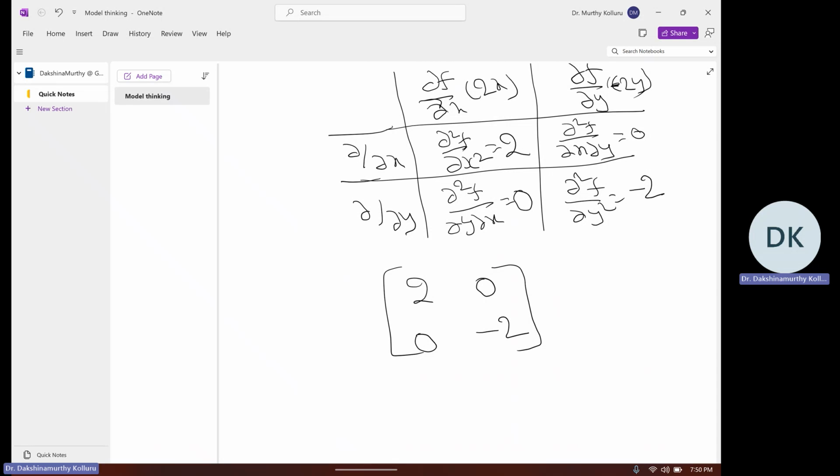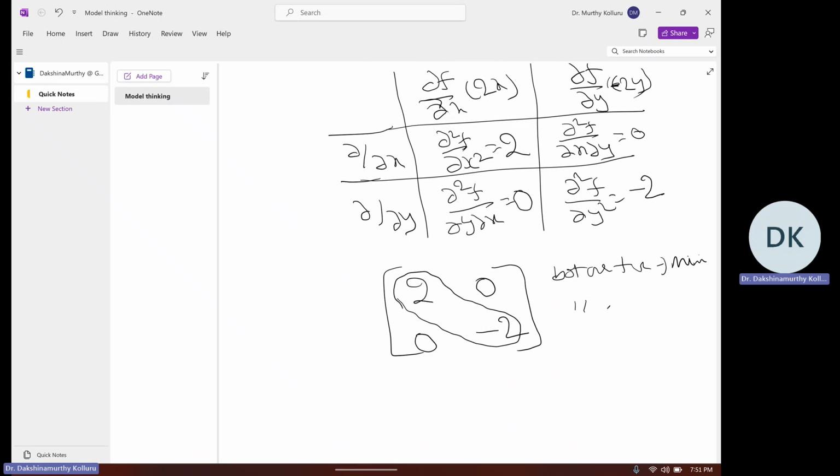How do I know whether it's a maxima or a minima? Here we lucked out. We got a diagonal form. If you get a diagonal form, it's easy. Just observe the diagonal elements. If both are positive, it's a minima.